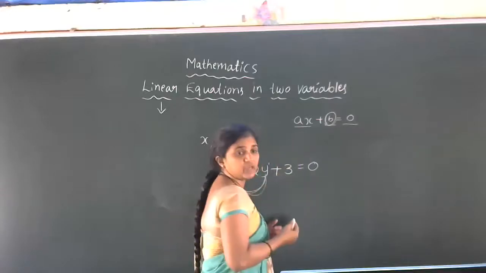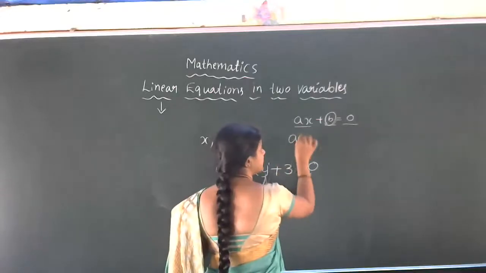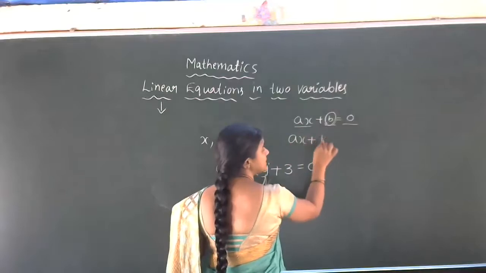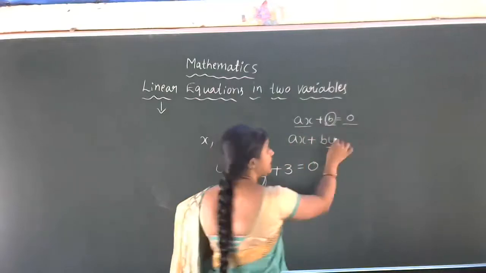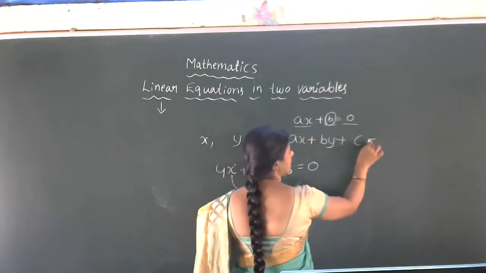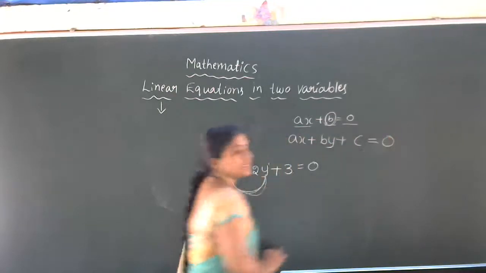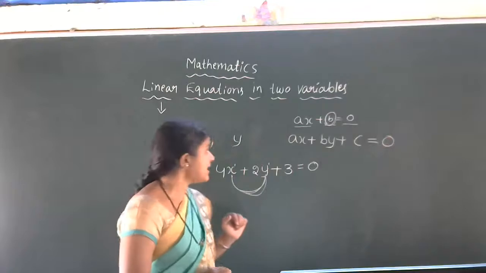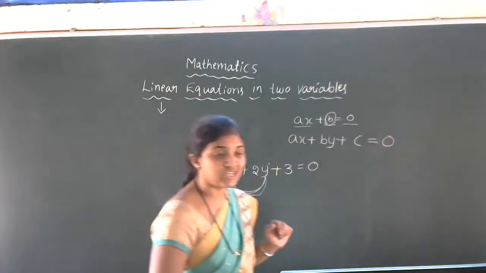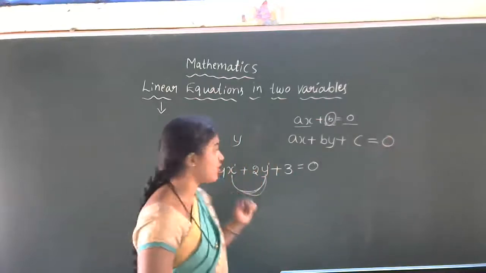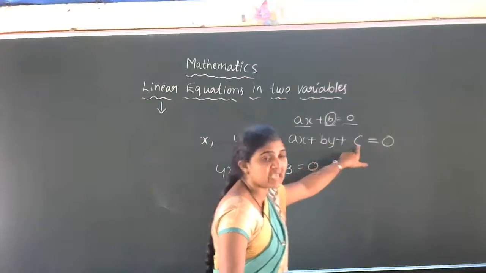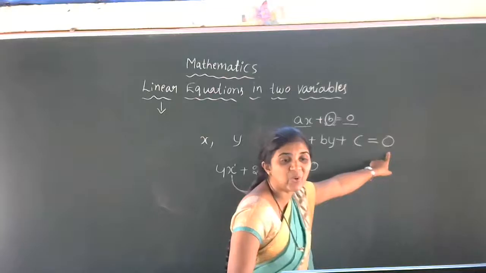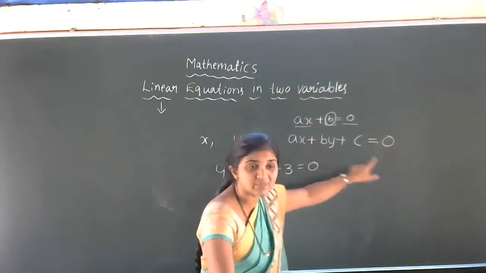So now the standard form of linear equations in two variables is ax + by + c = 0, with another variable we have to take, that is y. Is that clear? Linear equations in two variables, general form is ax + by + c = 0. Got the idea of this concept, students?